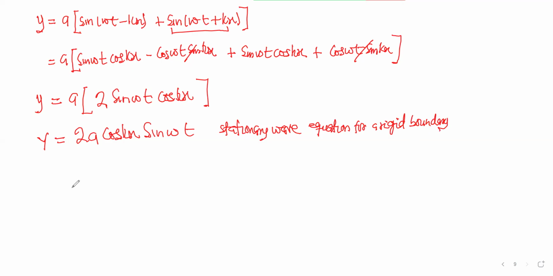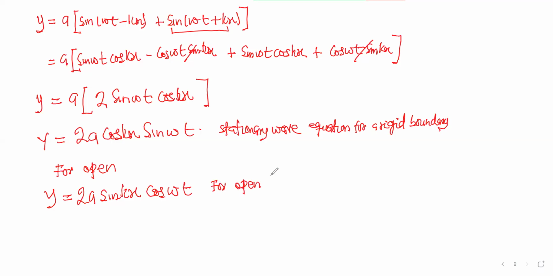Now for an open boundary, the equation is equal to 2a sine kx cos omega t. So the stationary wave equations can be this or this one. This is for an open boundary, and this is for a rigid boundary.